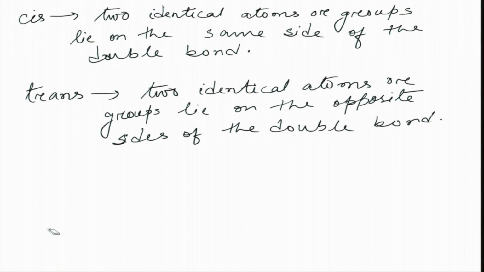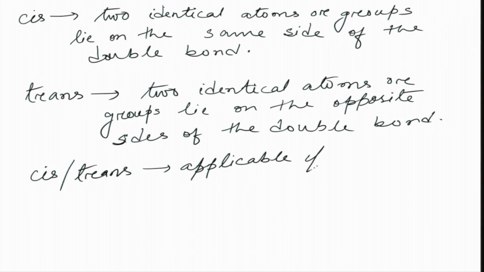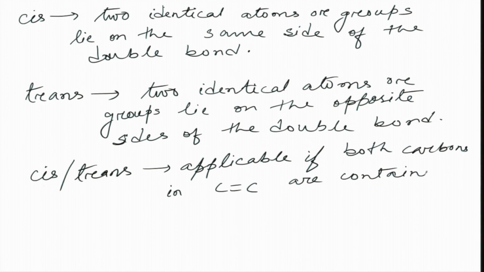Now cis and trans, although they are more commonly used, the cis trans nomenclature is applicable if both carbons in a double bond are containing the same groups.